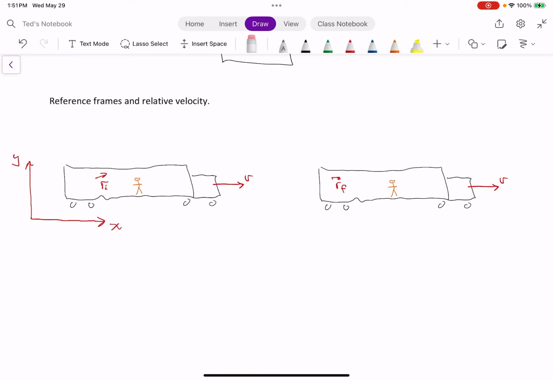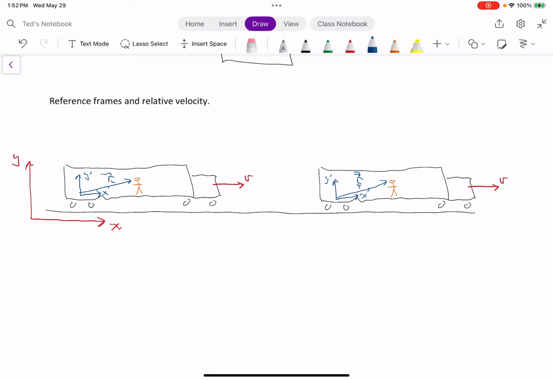However, what I want to show us is that we can create a different coordinate system. We can create a coordinate system that is fixed to the truck. Maybe call this x prime and y prime. And since the coordinate system is moving with the truck, when we draw the r vector for this person, r initial and r final, they're the same.